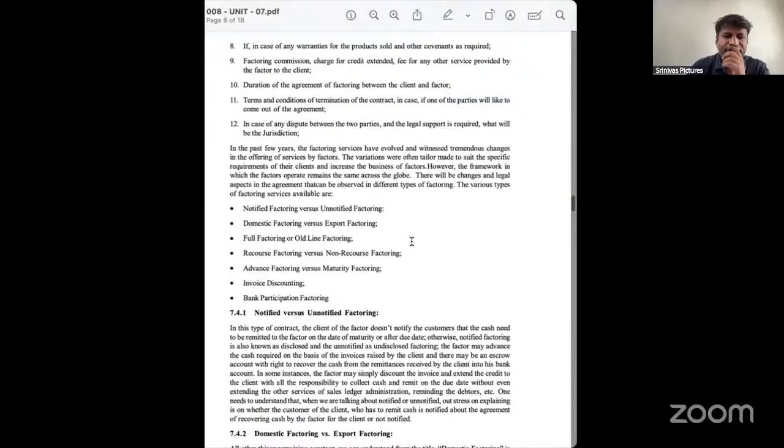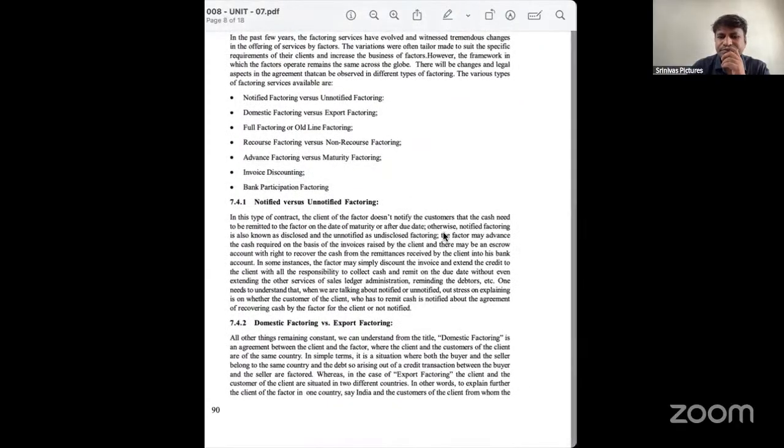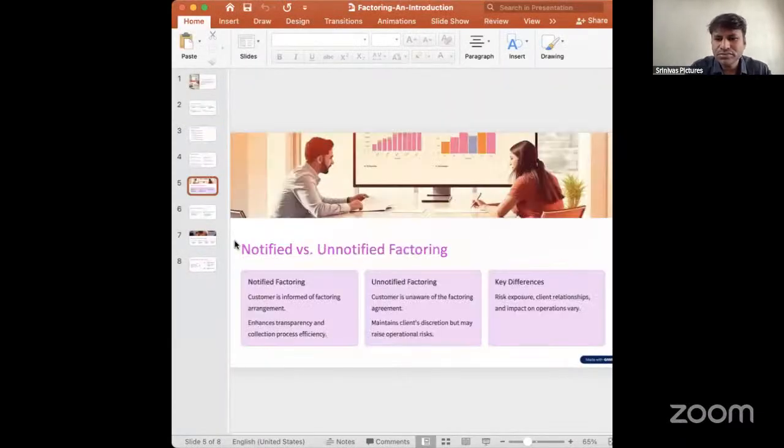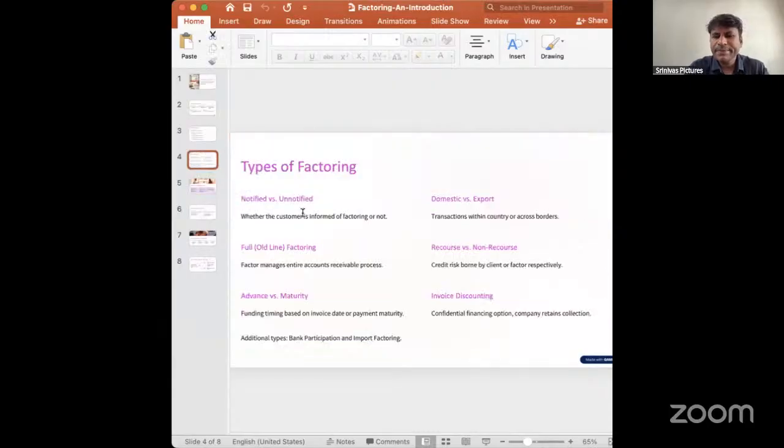Types of factors and legal framework. There are different types of factoring. Types of factoring: notified versus unnotified, whether the customer is informed of the factoring or not.